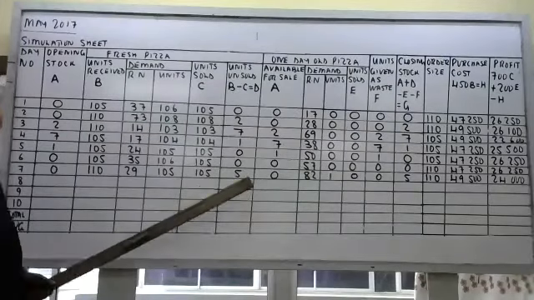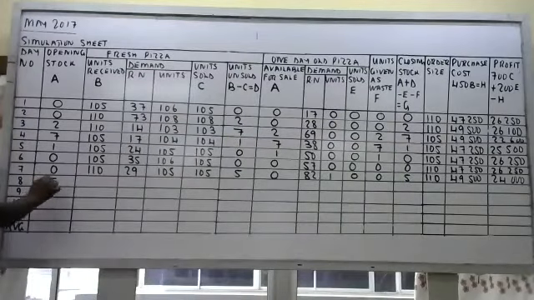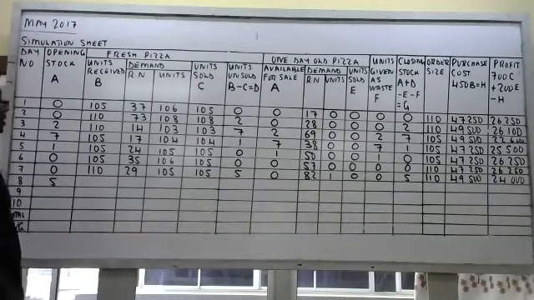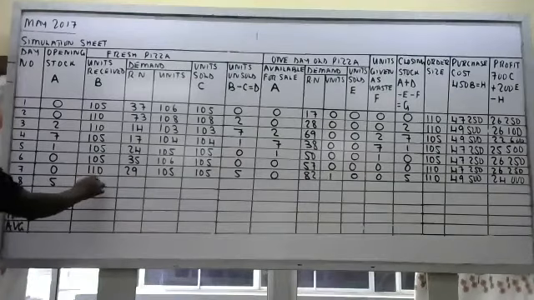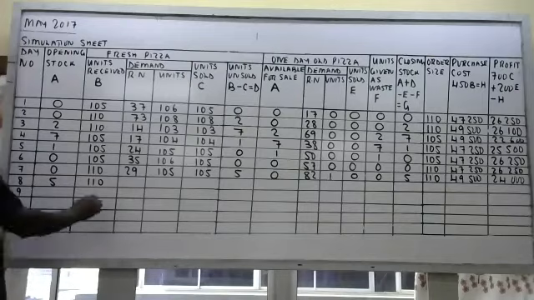Day 8, kulikuwa na closing ya 5. And the units that we ordered were 110. So that is what you are seeing. Then demand, the random number is 37.